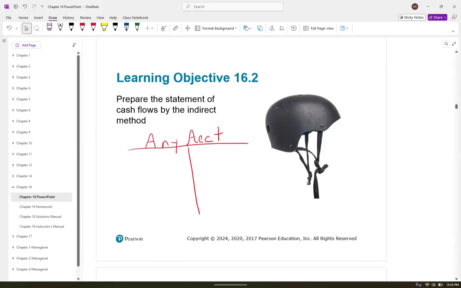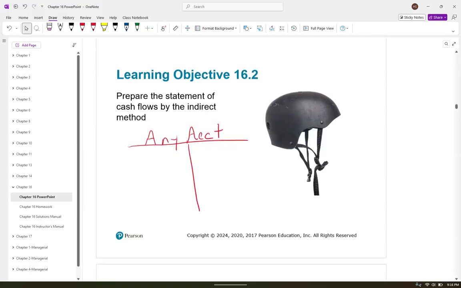A long time ago, before it was called a statement of cash flows, it was actually called a use and source statement. When I was a bookkeeper, our owner actually asked me to do a use and source statement, and I was like a deer in the headlights, like I have no idea what you're talking about. And he was like, it's got cash flows and blah, blah, blah.